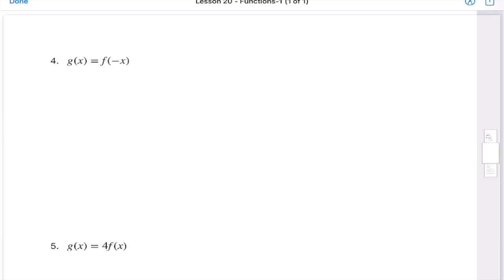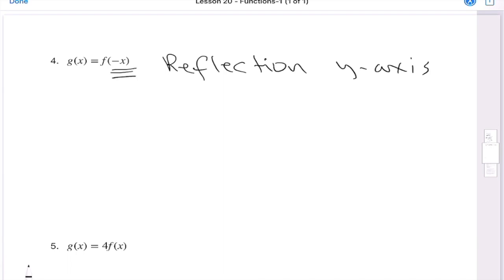So when it looks like this, it means we are reflecting along the y-axis. That is the description you would give to this transformation. g of x is obtained by reflecting the graph of f along the y-axis. That is why the values of x are changing to a minus.